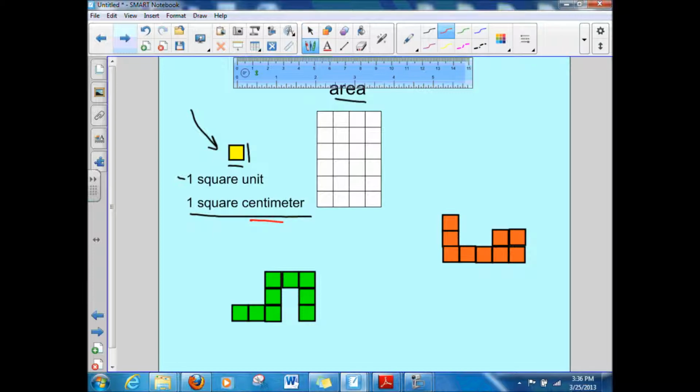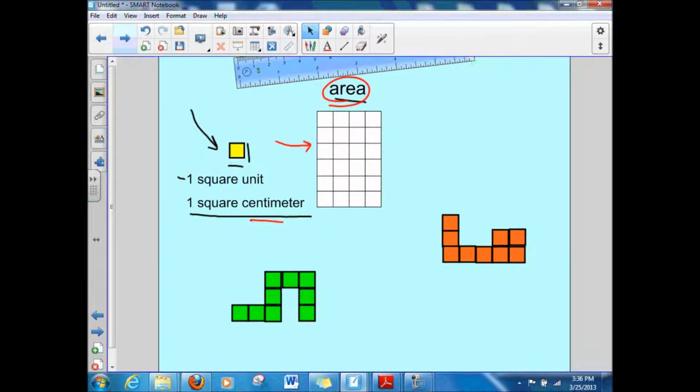But let's take a look at the figure that I've got here. I've got a white figure of some squares, and we want to know the area of that figure. And so we can drag these over and put them on top there. We could do that, or we could just simply count 1, 2, 3, 4, 5, 6, 7, 8, 9, 10, 11, 12, 13, 14, 15, 16, 17, 18, 19, 20, 21, 22, 23, 24.